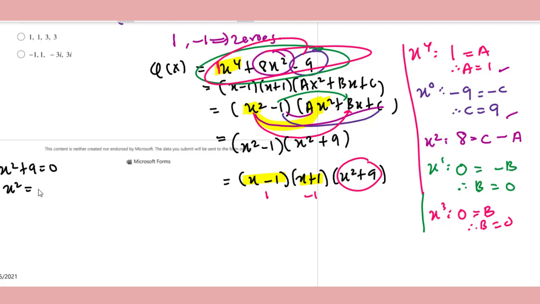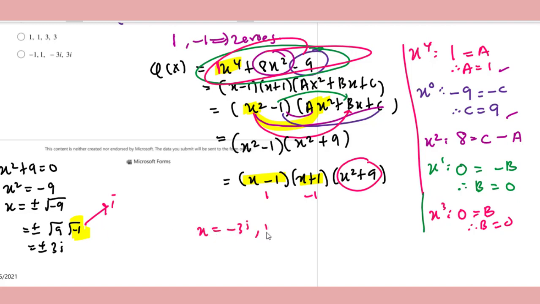x squared is equal to negative 9. x is equal to plus minus the square root of negative 9, which is plus minus square root of 9 times square root of negative 1, or plus minus 3i. The zeros are x equals negative 3i and x equals 3i.